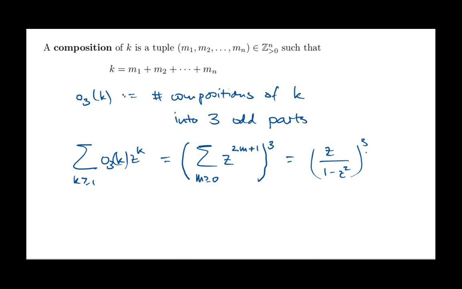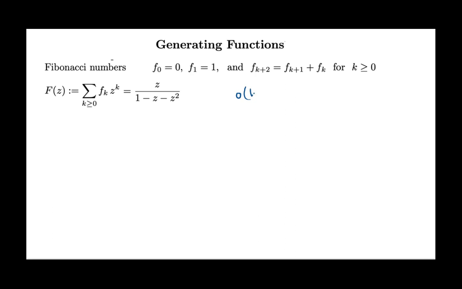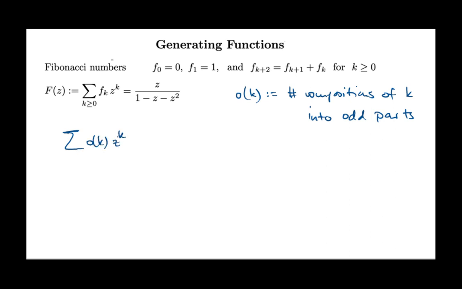Let's get back to the example of the Fibonacci series, because I claim there's a connection over here. Let me define O of k to be the number of compositions of k into any number of odd parts. How should we modify that? If we look at the generating function, I'll first introduce a parameter j, and I think of this j as the number of parts.